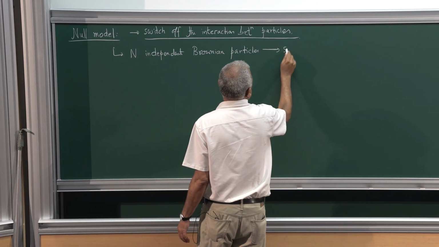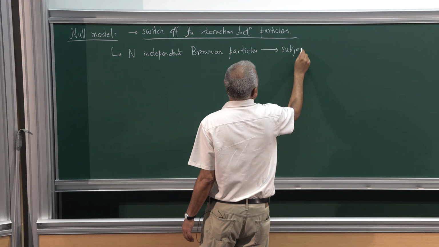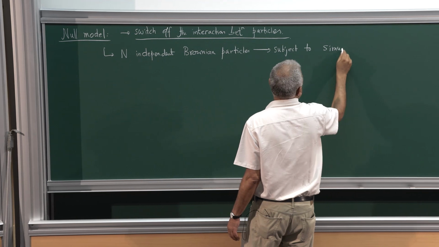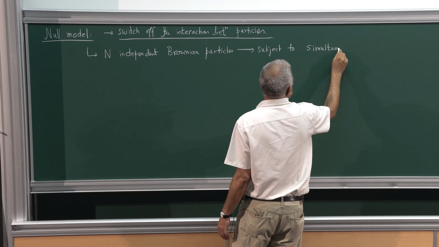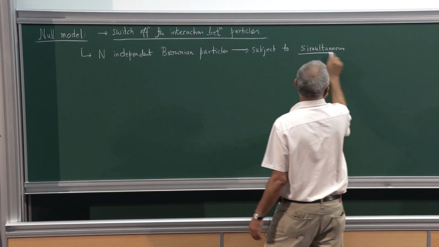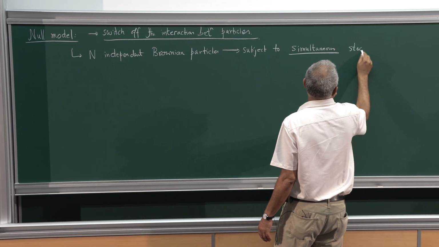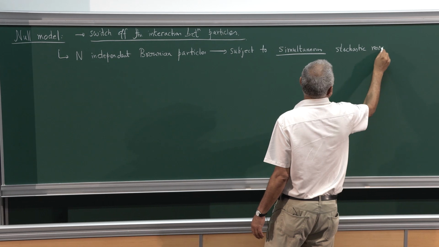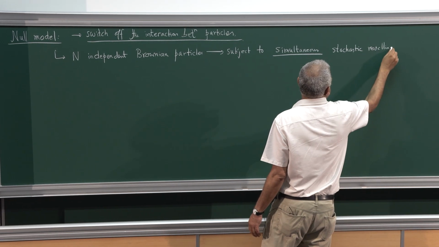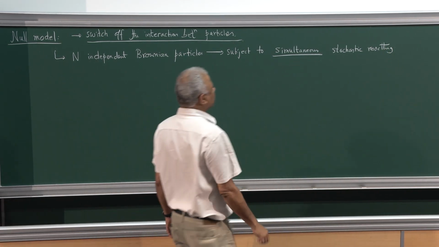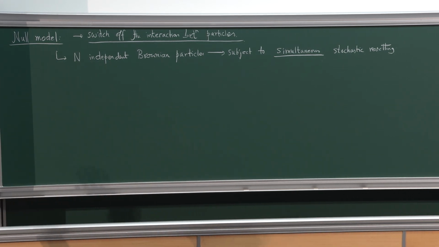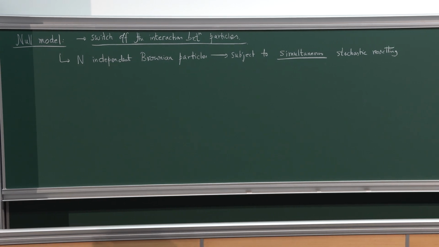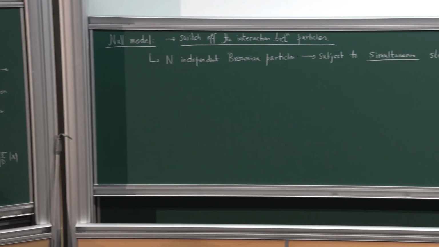And they are subject to simultaneous stochastic reset. And I will assume that the stiffness of the trap mu is very large, so that it's an instantaneous simultaneous resetting to the origin.